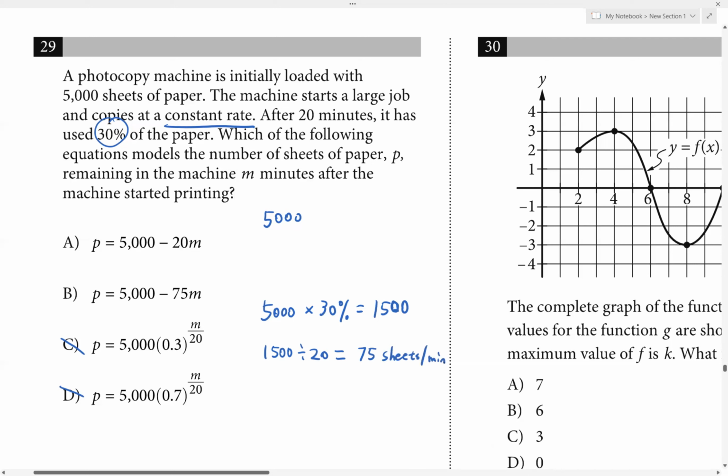So the slope should be negative 75 because we're getting less and less. We're using up paper, so the number of pages remaining will get less and less. So it should be a negative slope. It should be negative 75 because we're using 75 sheets of paper per minute. And that should be our final answer for number 29.